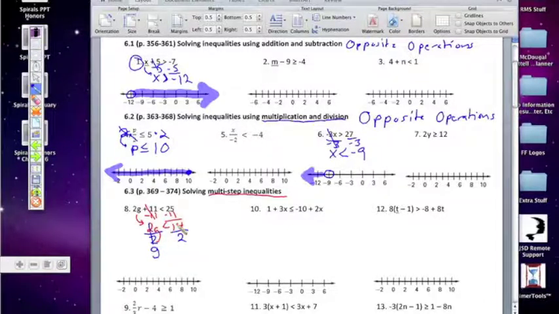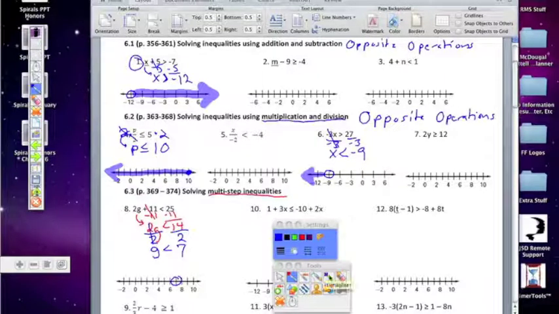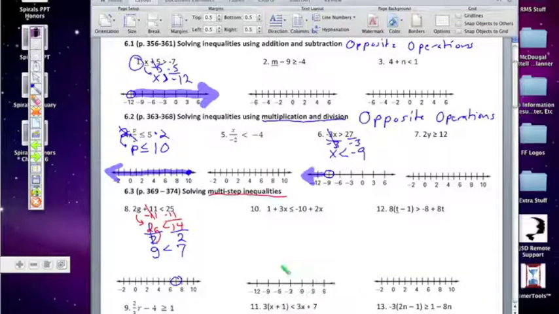And my variable is going to be less than 14 divided by 2, which makes 7. What type of circle goes on 7? Open. And we shade to the left. Why to the left? Because my variable is less than.